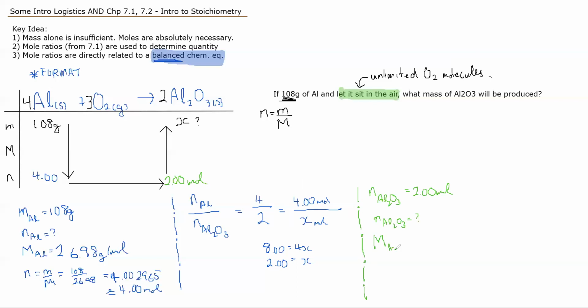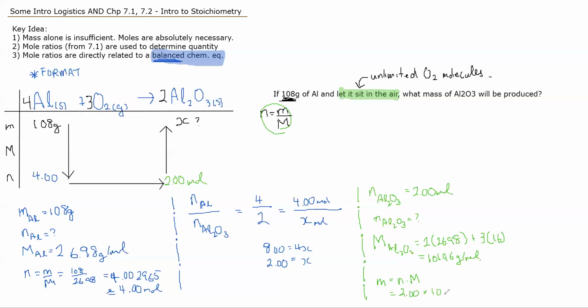I need the molar mass of aluminum oxide, which is 2 times 26.98 plus 3 times oxygen, which is, bear with me here, 2 times 26.98 plus 3 times 16, 101.96 grams per mole. Mass is moles times molar mass. It is this initial equation rearranged.